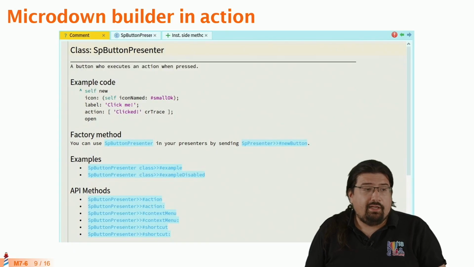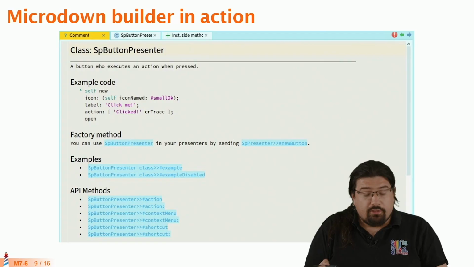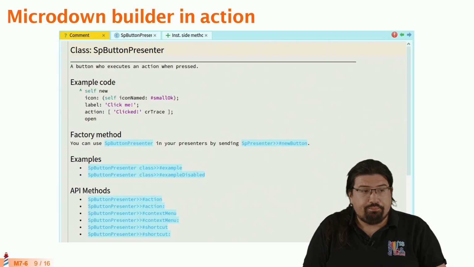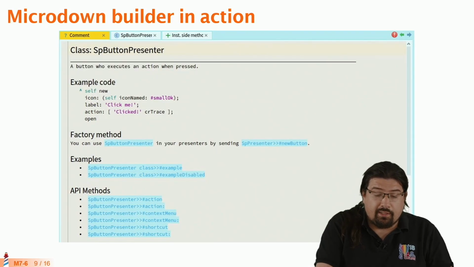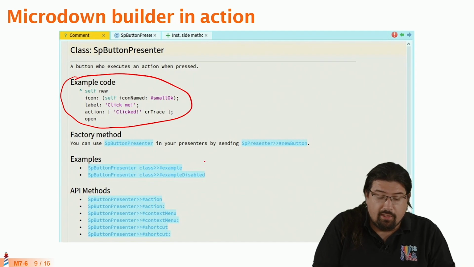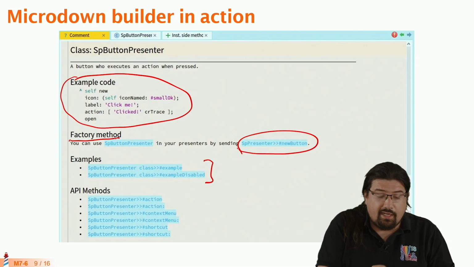Another example of a builder that we have in Pharo is the use of Microdown. Microdown allows us to create documentation pages or text pages with a rich text model, where we can have different elements like code blocks, lists, links and titles.